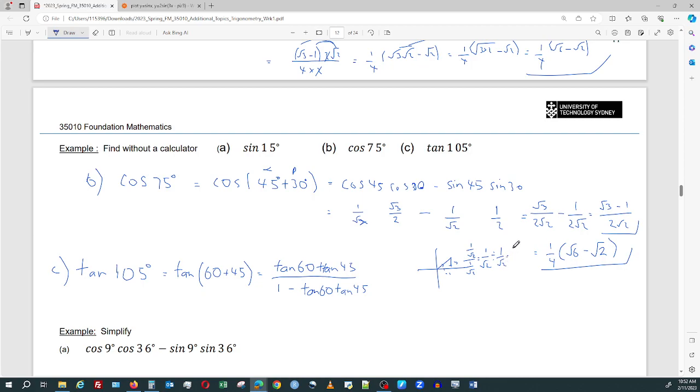Tan 45 is 1. Are you serious? Yep, so they're all replaced by 1.